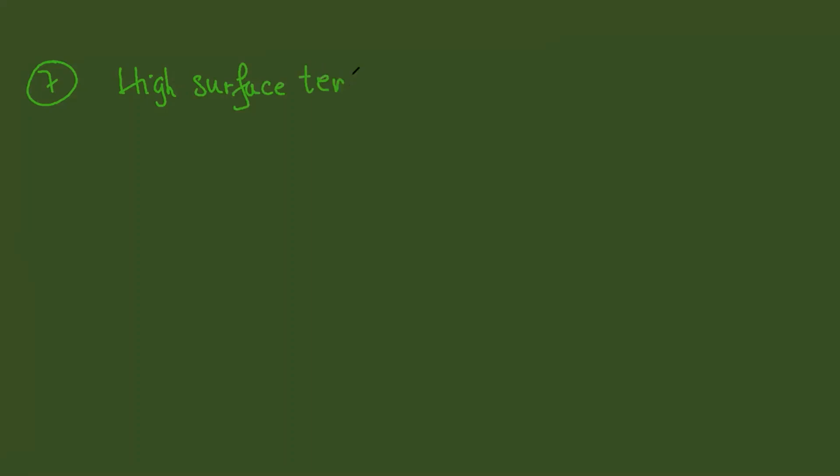Of course, you know this surface tension from physics, but from the biological point of view, I'm going to mention something. If you have a table like this, the surface, and you have a drop of water on top, you're going to see that the drop of water looks like this, as if the upper part of the drop is covered by a certain membrane that prevents the water from flowing to the sides.